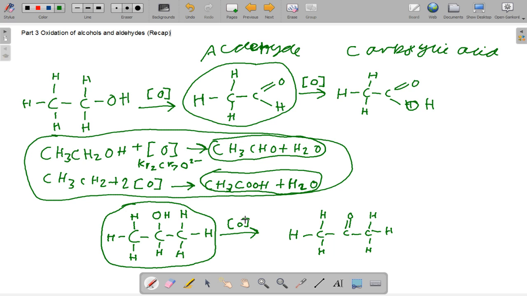And when you oxidize a secondary alcohol, because the OH is on the second carbon, you get a ketone.